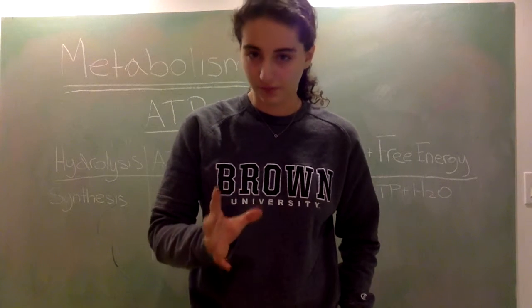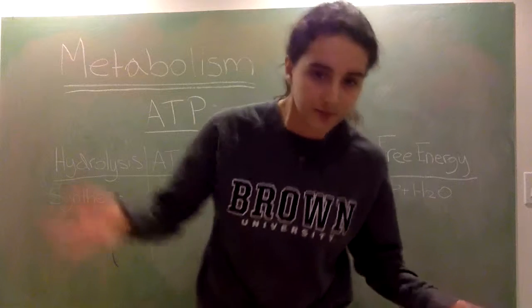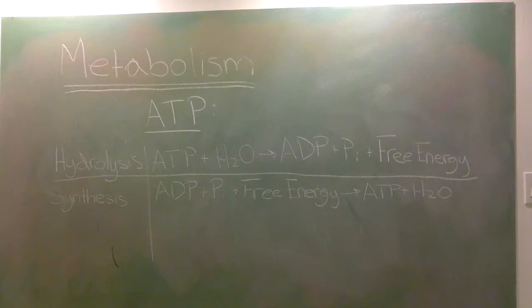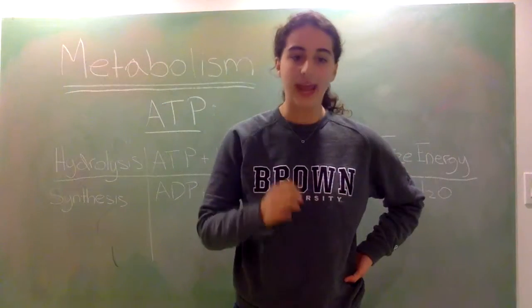The reaction is reversible, and the synthesis of ATP is ADP plus Pi plus free energy yields ATP plus water. So basically, like I just said, it's the same thing backwards.